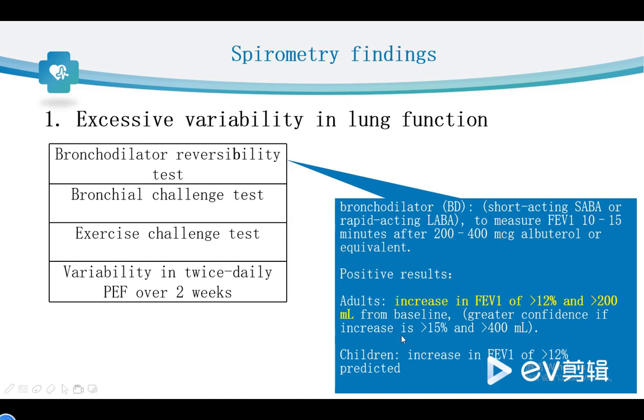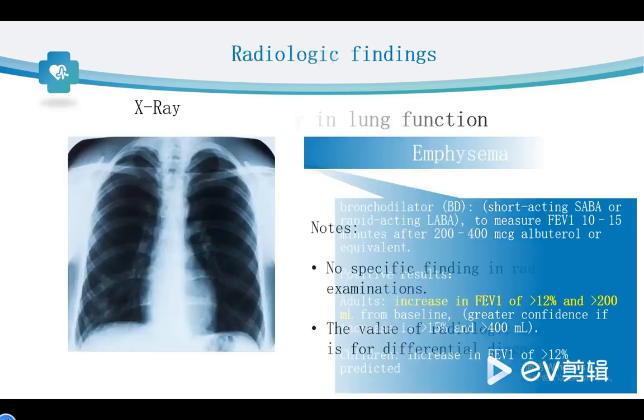That shows the positive result in adults. And children just require an increase in FEV1 of more than 12% predicted. The positive result shows documented variability in lung function.